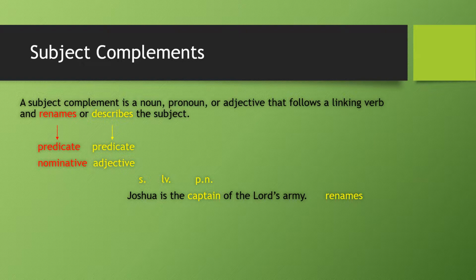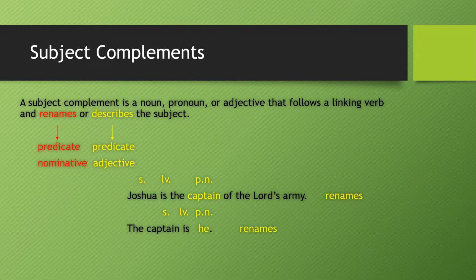It follows the noun Joshua. Now, this word is a predicate nominative because it actually renames the subject. Joshua is the captain. Captain and Joshua are equal, so it's a predicate nominative renaming the noun that precedes it.